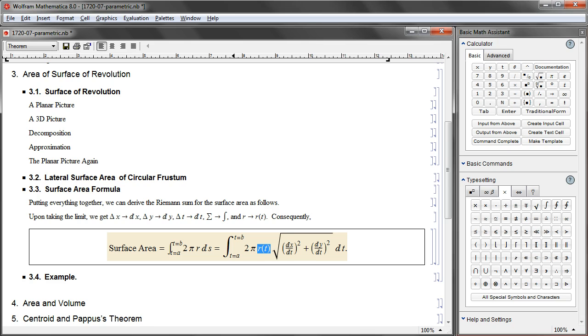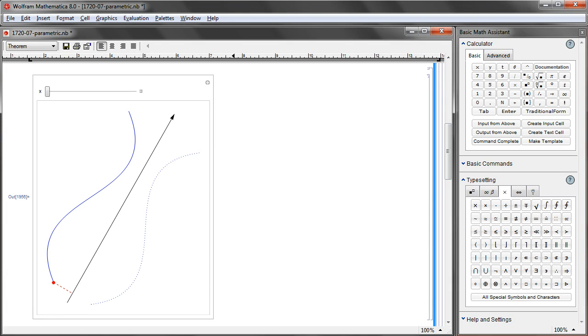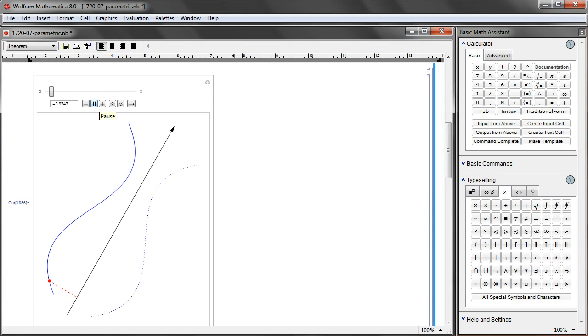Let's go back to the previous example here, and animate this according to the moving particle model. Then you can see the radius of rotation, which is represented as a red dotted line segment from the particle to the axis of rotation, like this.